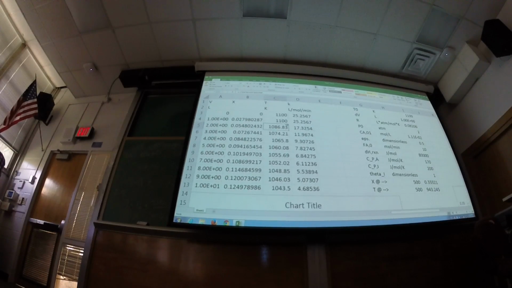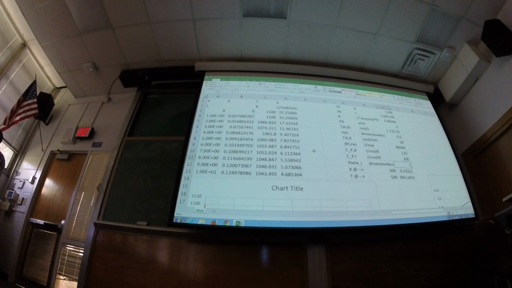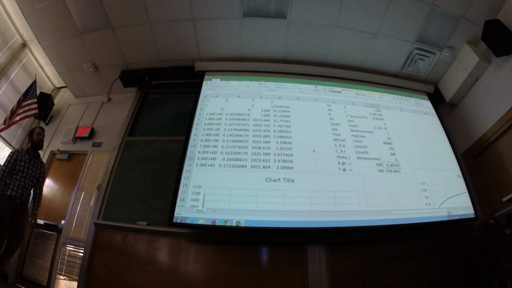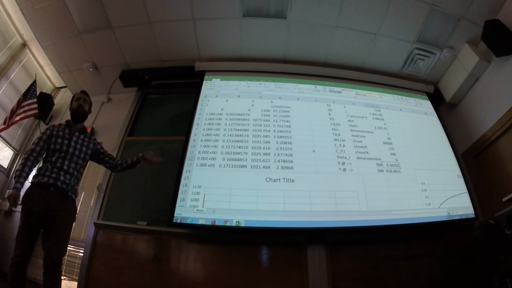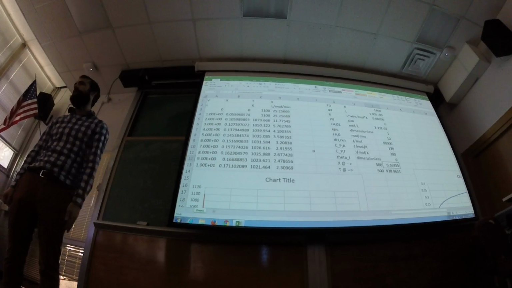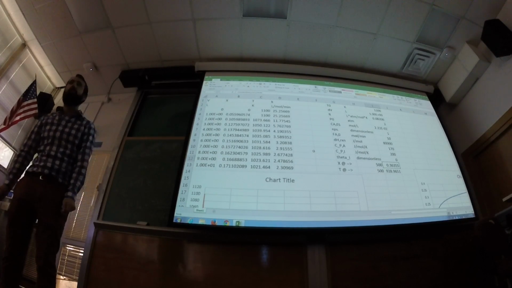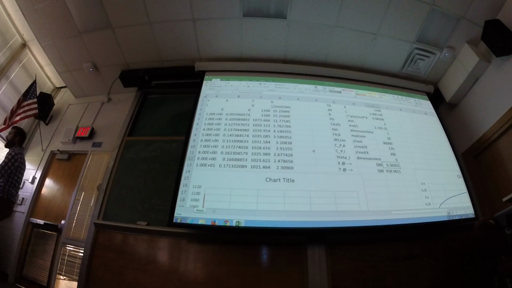So let's do a gut check. Hey, look, if I set theta I equal to 0, we get the same conversion, the same temperature. So we haven't broken anything yet.